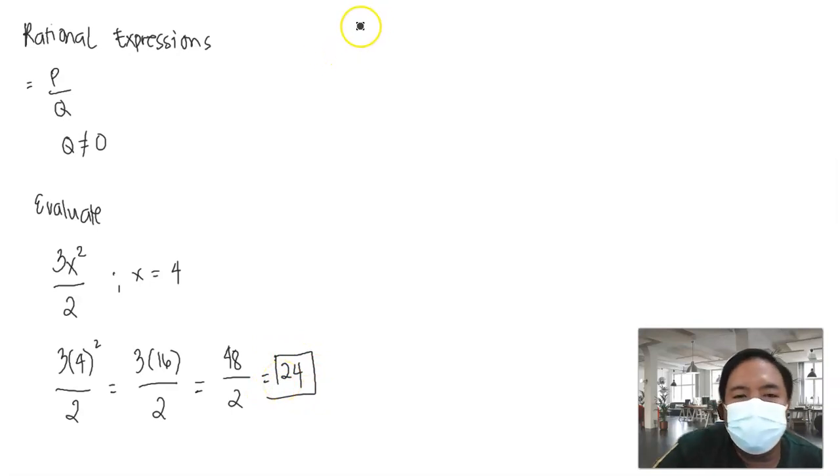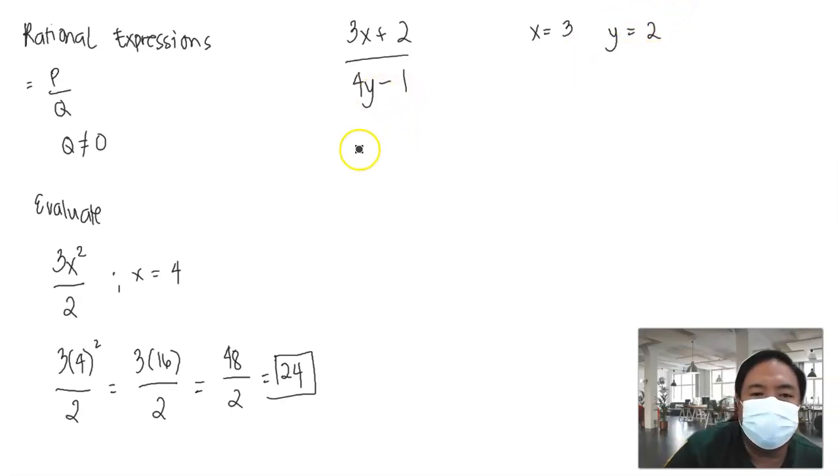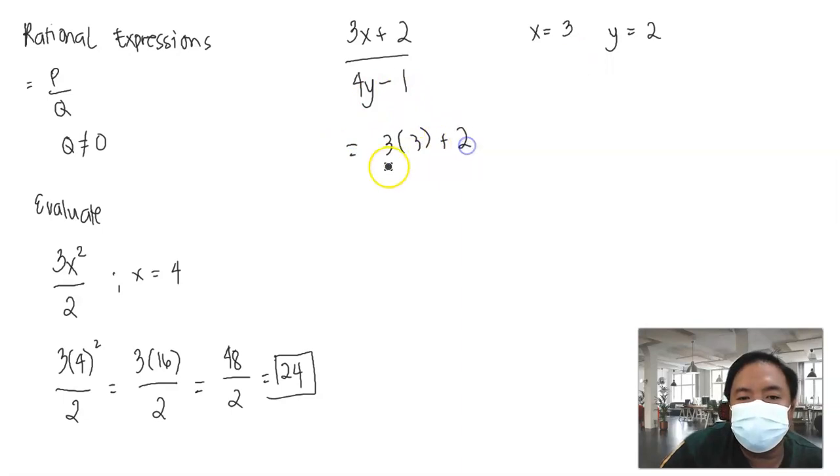Now, what if we are given 3x plus 2 and then 4y minus 1, wherein x is equal to 3 and y is equal to 2. So we just need to substitute their values. So 3 times the quantity of 3 plus 2 all over 4 times the quantity of 2 minus 1.